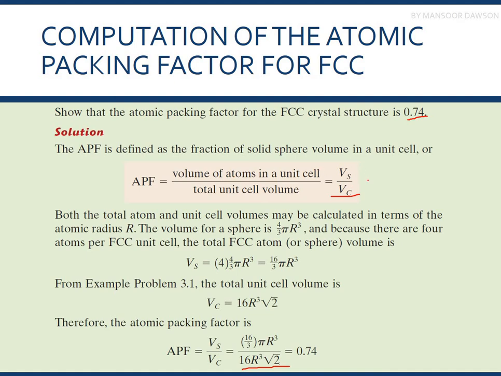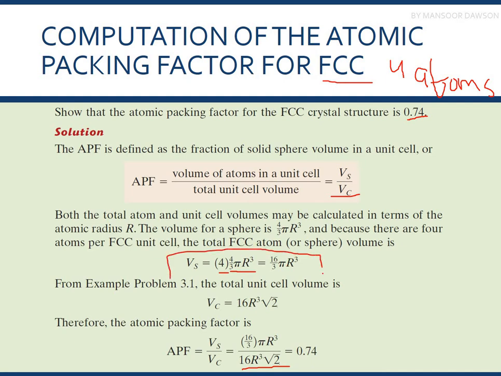So we have to calculate the volume of this. We know that in an FCC crystal structure we have 4 atoms, and these atoms are spherical. The volume of a sphere is 4 upon 3 pi r cubed. We multiply it by 4 because we have 4 atoms, giving 16 upon 3 pi r cubed.